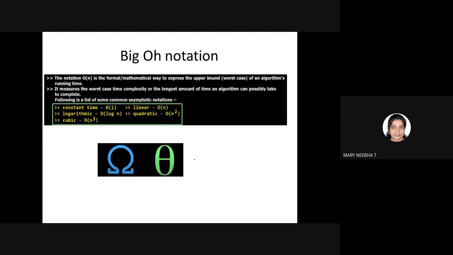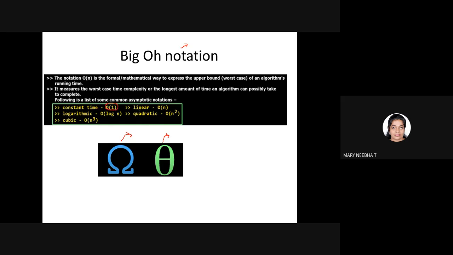So this big O notation we have seen already. This is actually worst case complexity, and for best case we can use big omega, and theta is for average case. If the time is constant, you can represent it by order of 1.